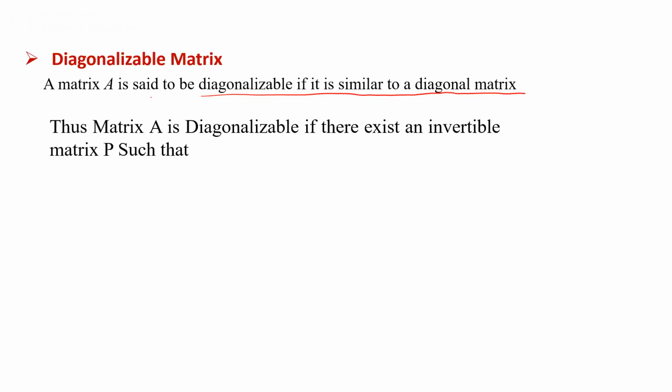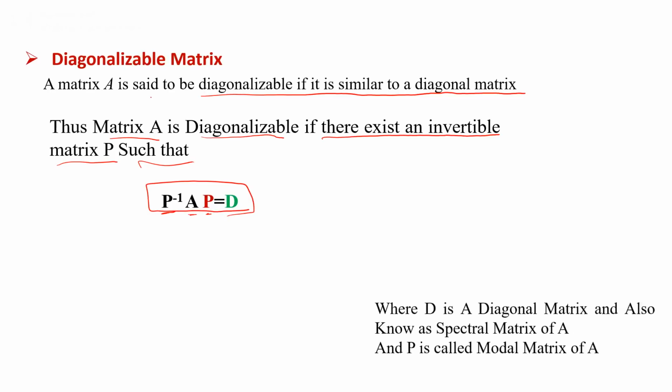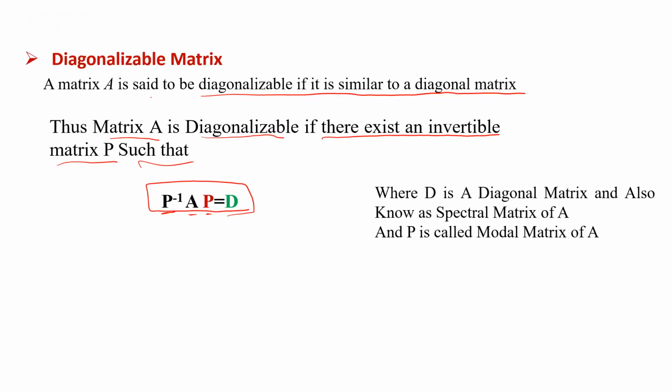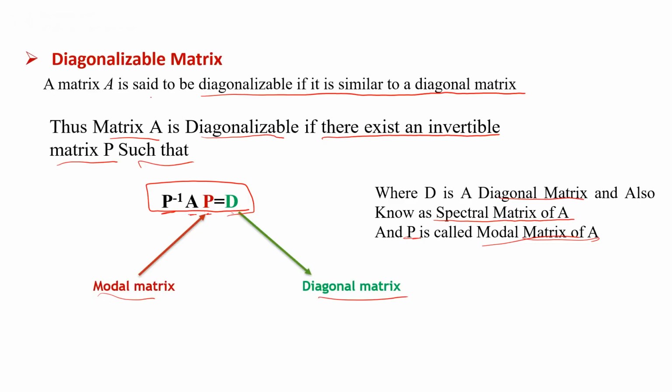Thus we can say a matrix A is diagonalizable if there exists an invertible matrix P such that P inverse A P is equal to D. Here capital D is a diagonal matrix, and sometimes we say it is the spectral matrix of A, and that P matrix is called the modal matrix of A.